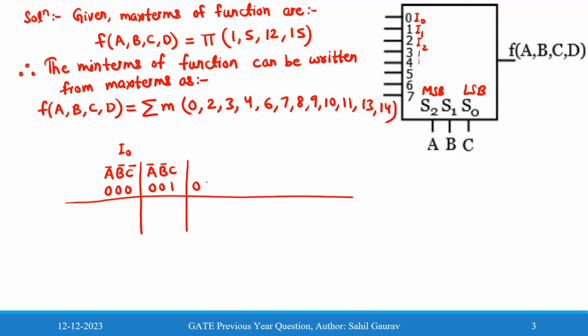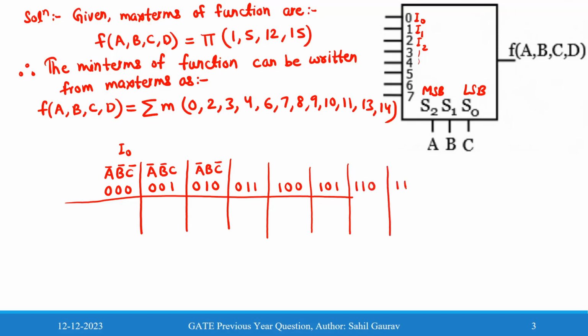and 0, 1, 0 will be A bar, B, C bar, 0, 1, 1, 1, 0, 0, 1, 0, 1, 1, 1, 0, 1, 1, 1.